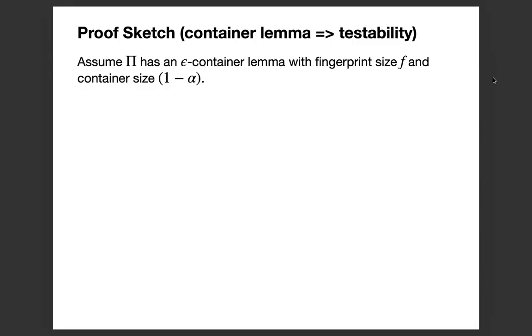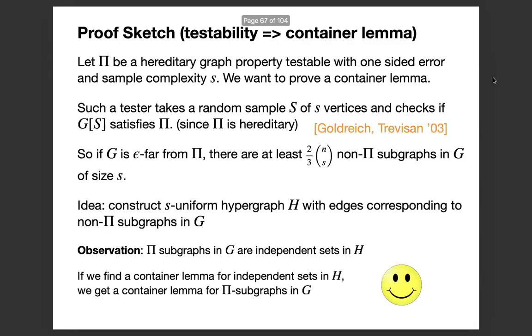In the previous part, did you use somewhere that you were working with a hereditary property? Great question. The only place we use it is actually two places. That the tester behaves in this really nice way. And also here: pi subgraphs in G are independent sets in H. This does not work for non-hereditary properties.